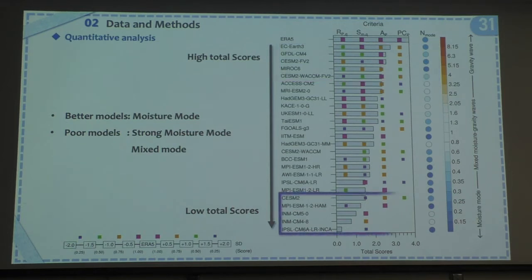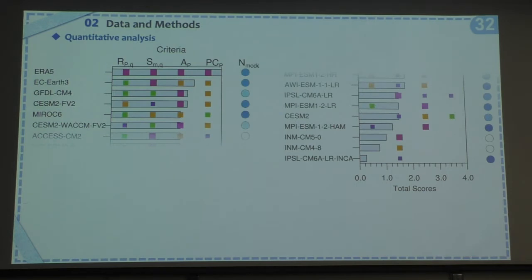The models with a low total score only satisfy one or two criteria, and according to the MJO mode, they show us a stronger motion mode and the mixing gravity motion mode. So based on this result, we can choose four good models and four poor models.